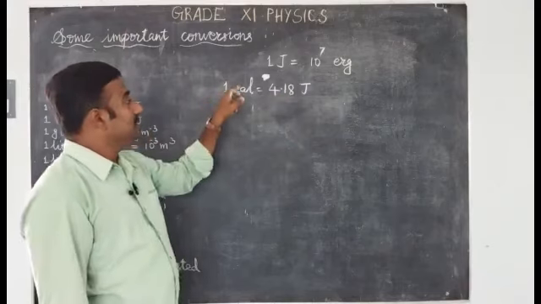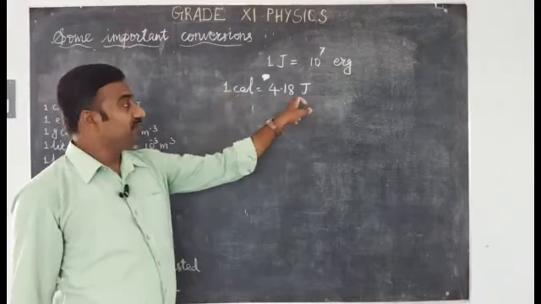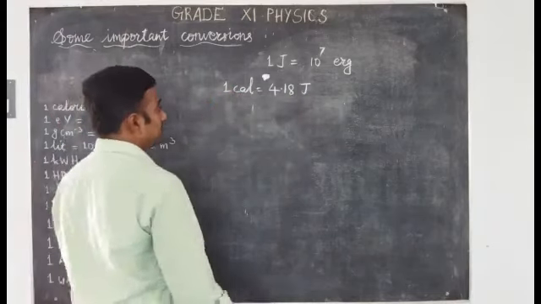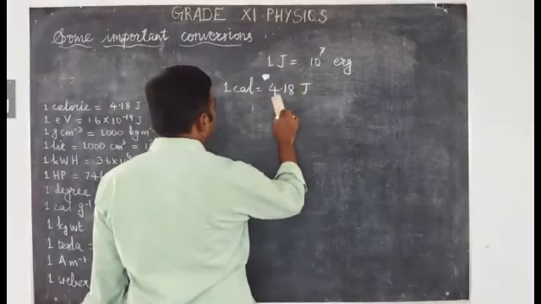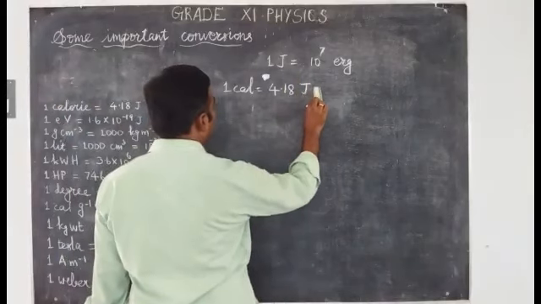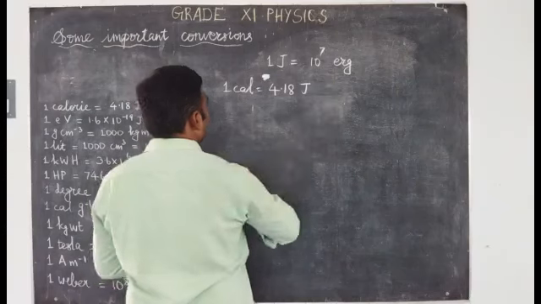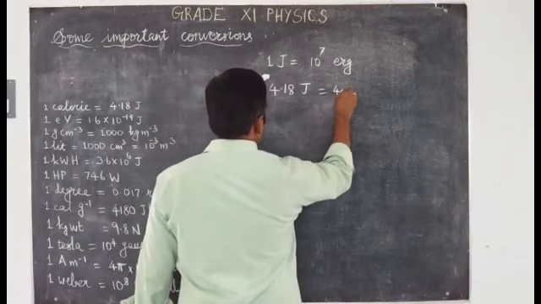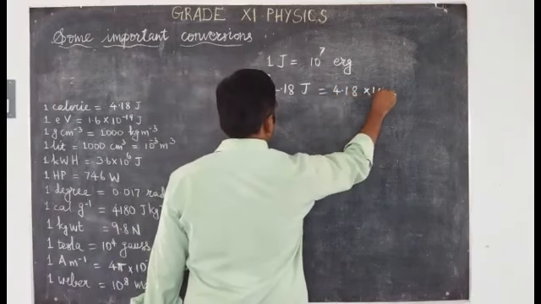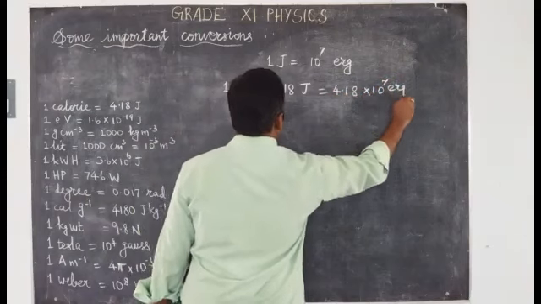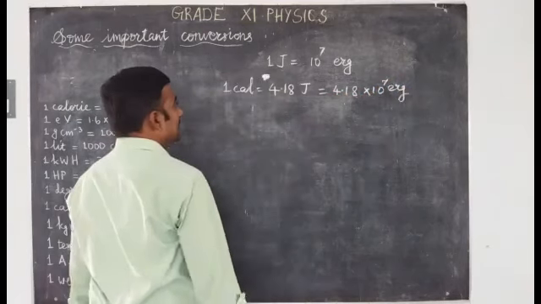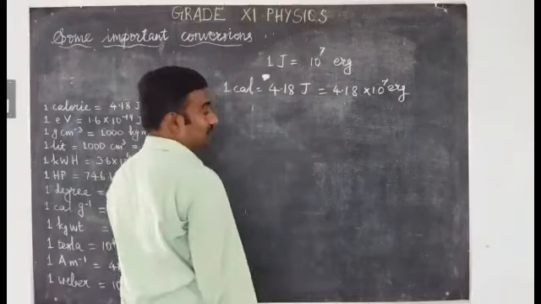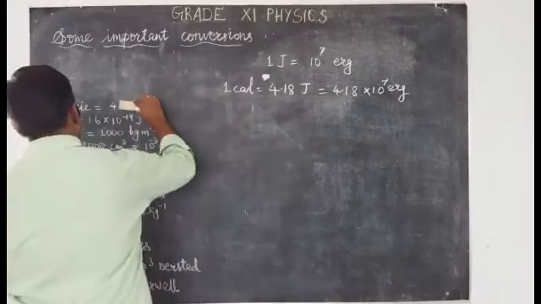So 1 calorie is equal to 4.18 joule, which is equal to 4.18 into 10 to the power 7 erg. Okay, so this is also over.